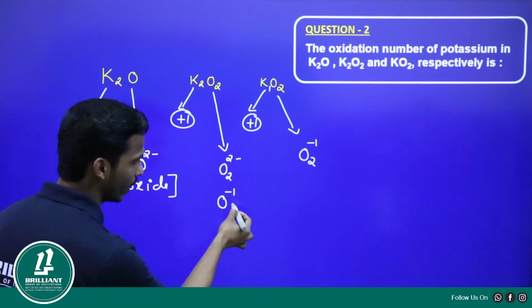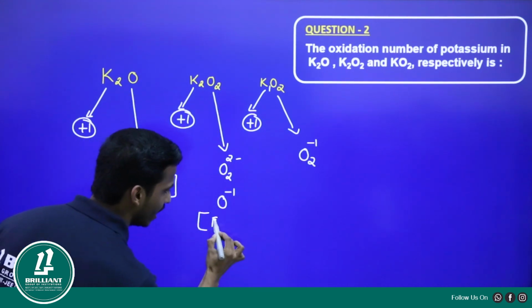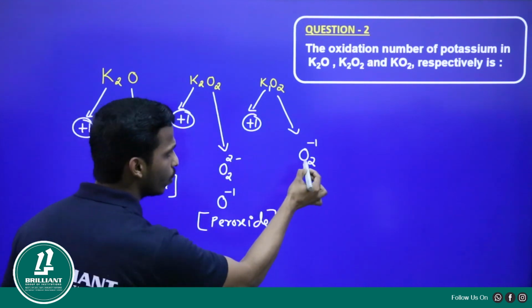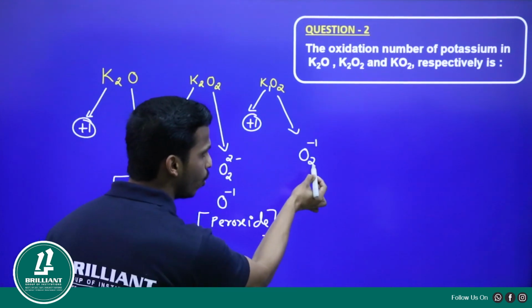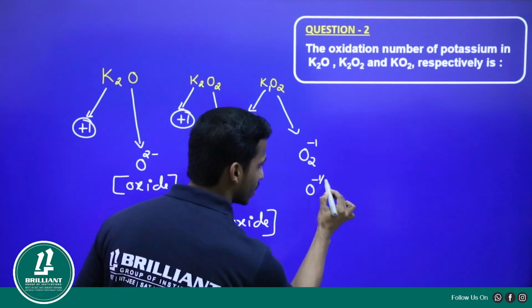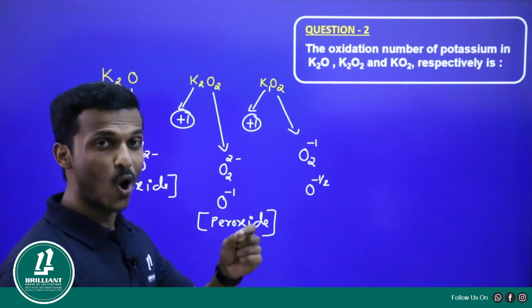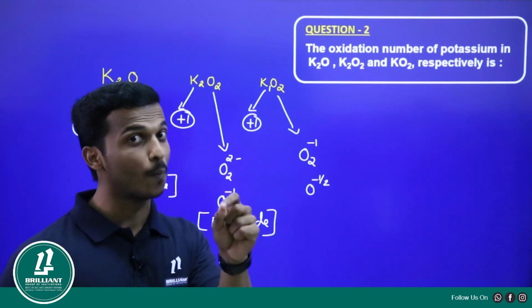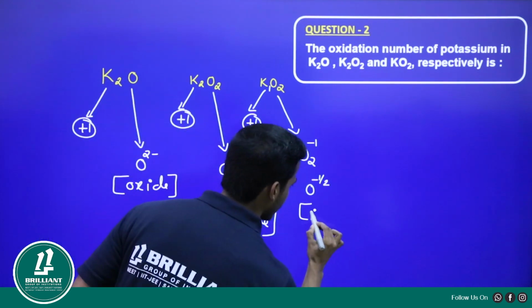What is meant by the -1 oxidation state? That is said to be peroxide. Coming to O2-, here 2 oxygen atoms carry a -1 charge, so 1 oxygen will be -1/2. Oxygen in the -1/2 oxidation state is known as superoxide.